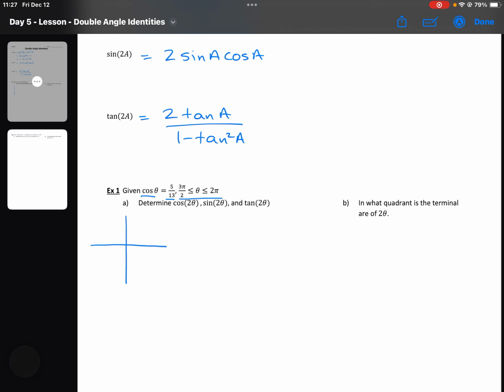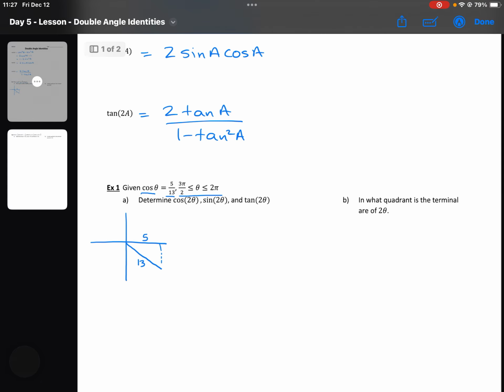Between 3 pi over 2 and 2 pi is the fourth quadrant. It also tells me that cos theta is 5 over 13, so 5 is my adjacent side and 13 is my hypotenuse. 5 is also my x side, 13 is my r, and this missing side here is my y.